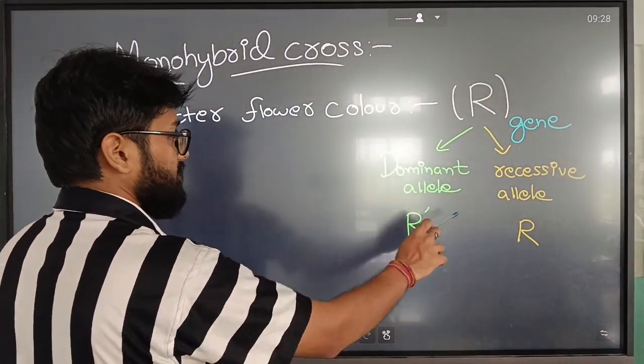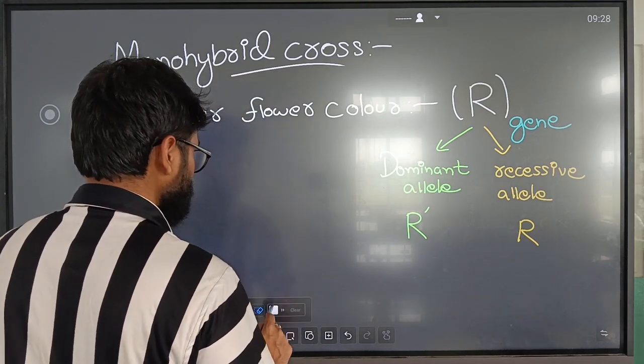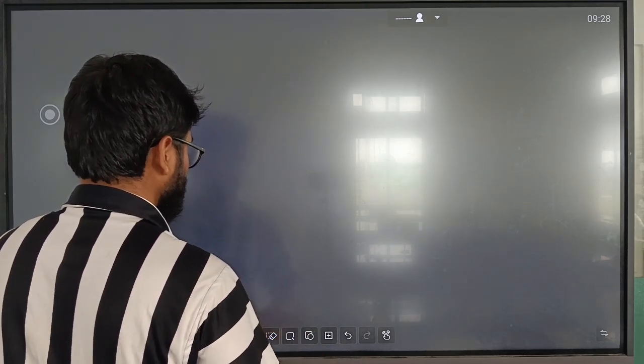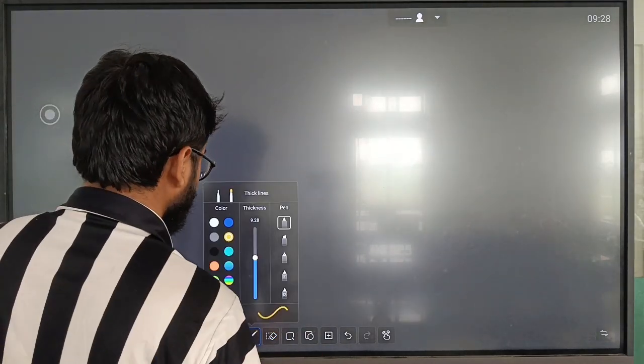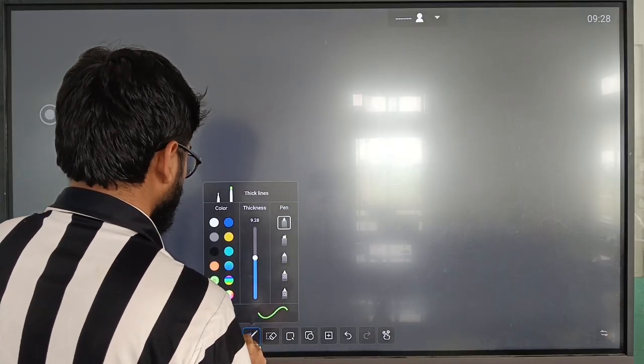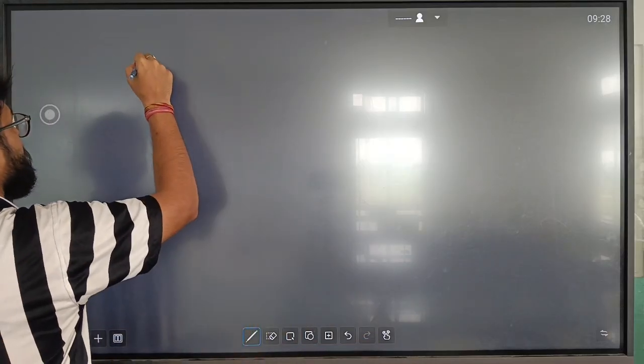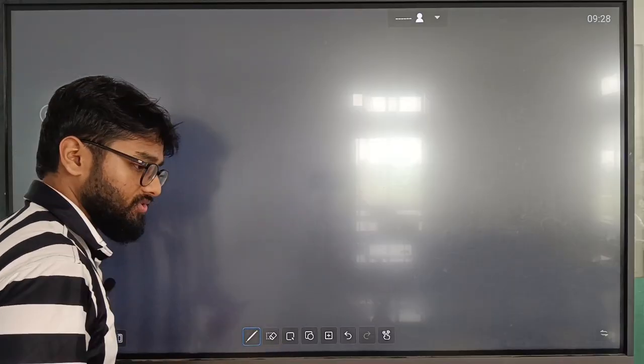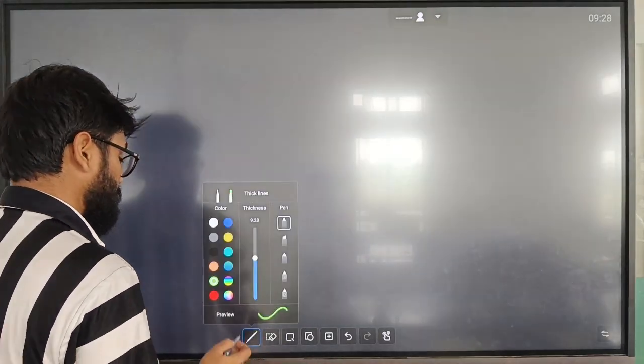Moving on, since we have taken these two, there is something called a condition. What is that condition? If a genotype... first I should explain what a genotype actually is.